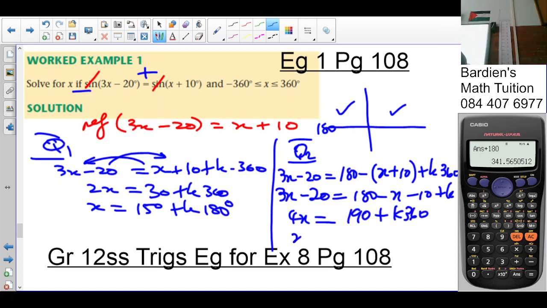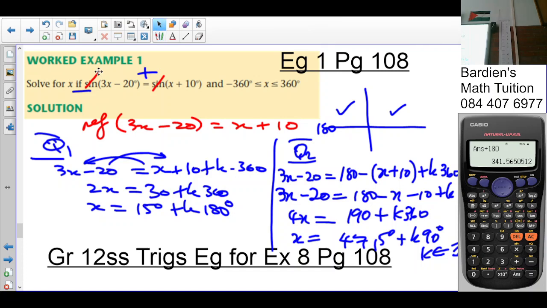Divided by 4, what is 190 divided by 4? It's 47.5. So x is equal to 47.5 plus k times 90 degrees, where k is an element of the integers.